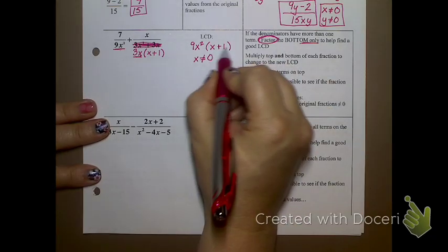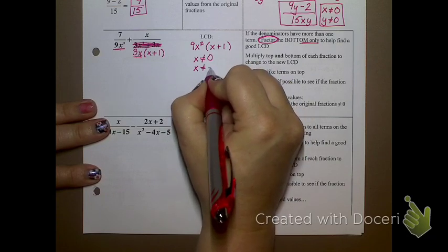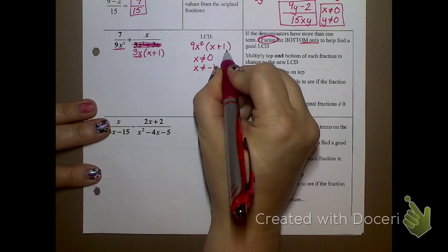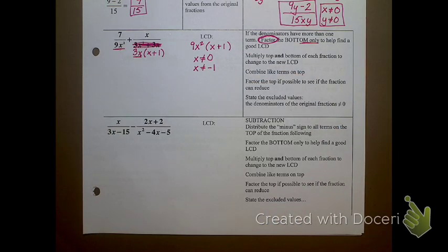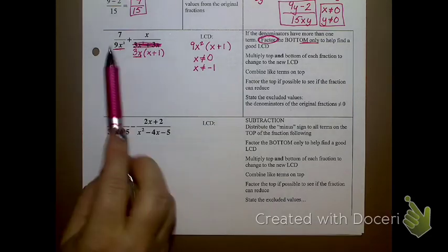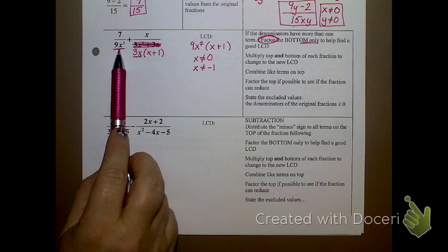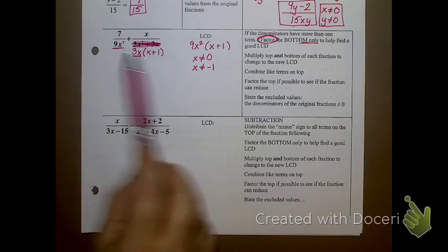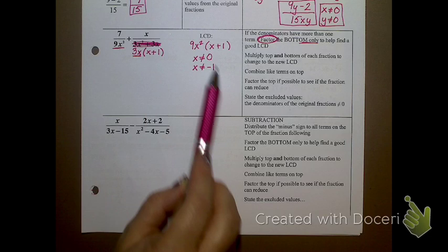What would make this equal to 0? -1, right? -1 plus 1 is 0. So far I have those 2 excluded values. From the original, what's the excluded value here? 0, which is on my list. From here, I have 2. I would have 0 out here, and I would have -1 in there, so those are my 2 there.